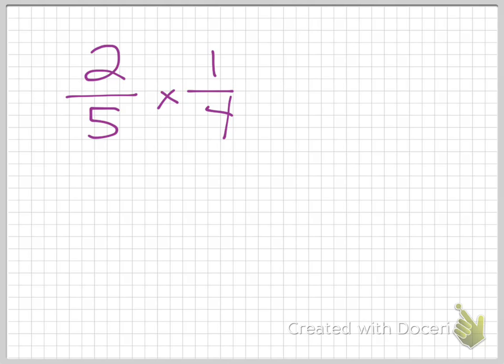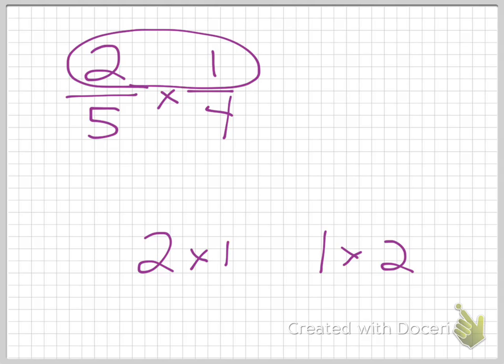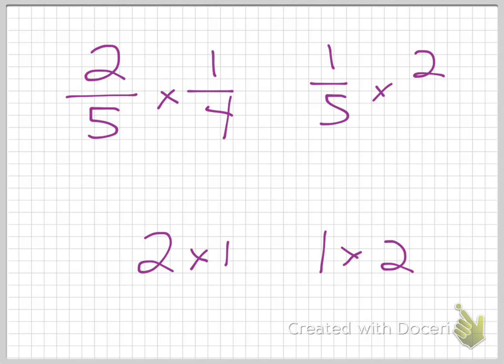Whenever I multiply numbers, what is 2 times 1? 2. What is 1 times 2? Do you see that it doesn't matter what order they're in, it's the same thing. We already know we're going to be multiplying these two numbers together. Agreed? So then what's the difference between 2/5 times 1/4 and 1/5 times 2/4?